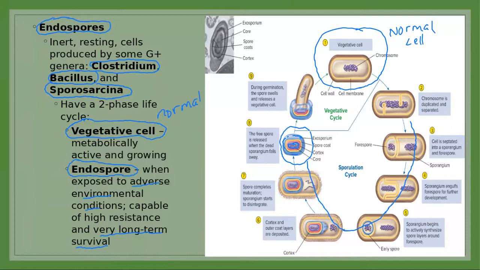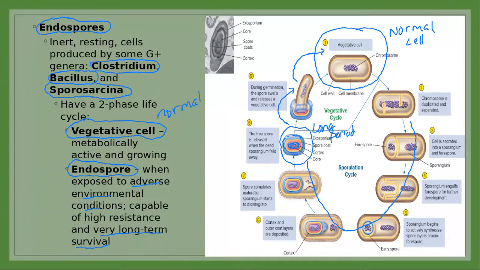So when the condition is favorable again, they can hatch into a vegetative cell. In this condition, they can stay for a very long period, as I mentioned before, it could be millions of years.